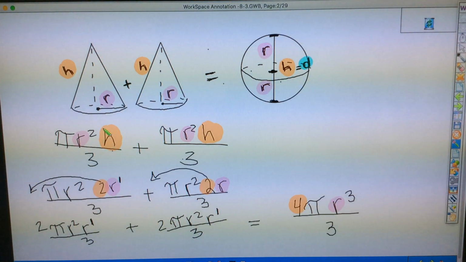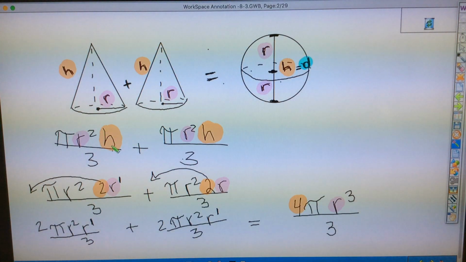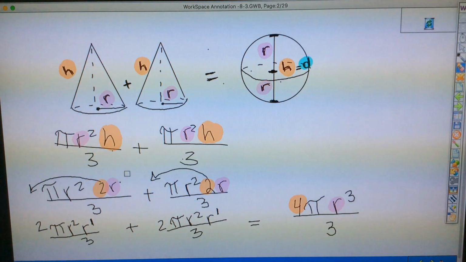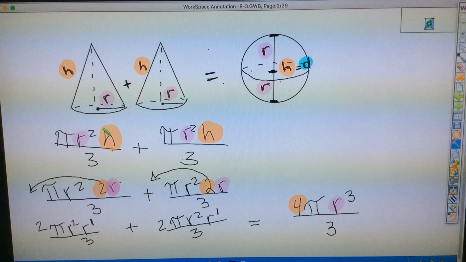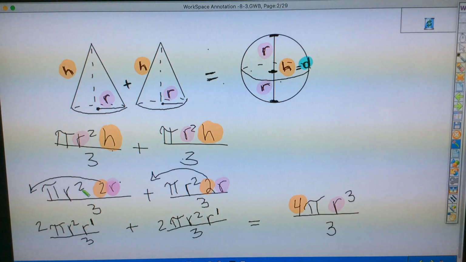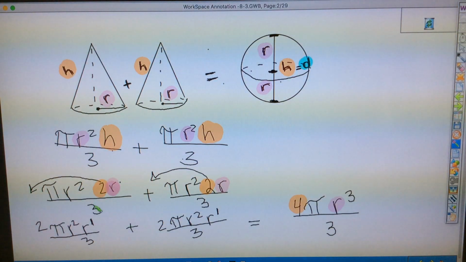Instead of calling it height, I'm calling it 2 times the radius. Okay, so I'm going to get rid of that for right now. We'll come back to that. Here is basically the same formula, except instead of height, I'm calling it 2 times the radius. Okay, so pi r squared times 2 times the radius divided by 3.